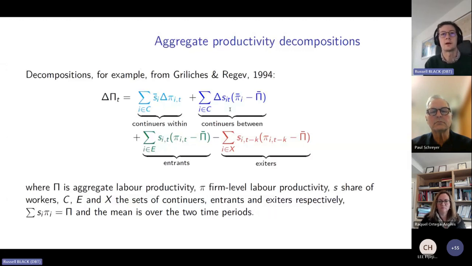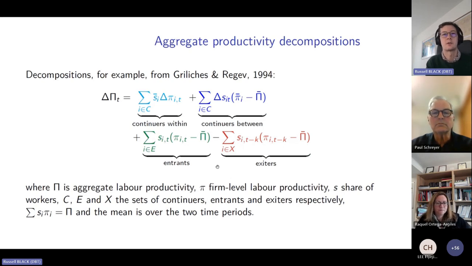Then the other factors are the changes in the composition of the economy and how the composition changes feed through. So how much aggregate productivity grows because there is a change in how large existing companies are, weighted by a sensible number, which is the average of productivity levels.